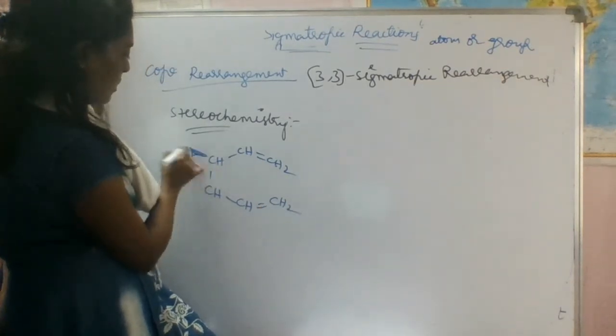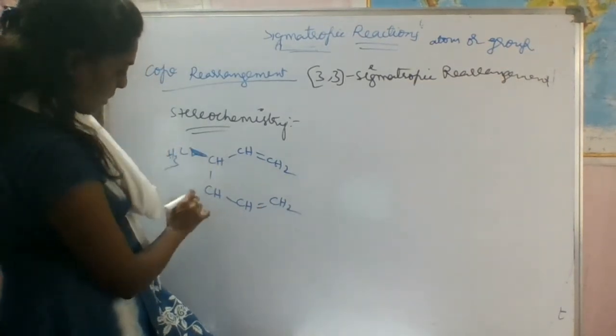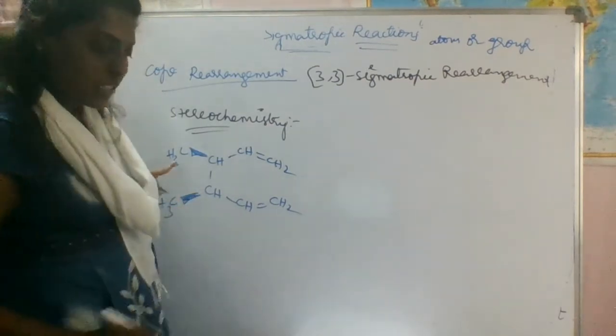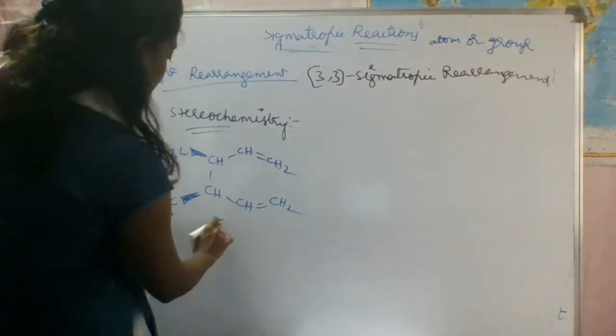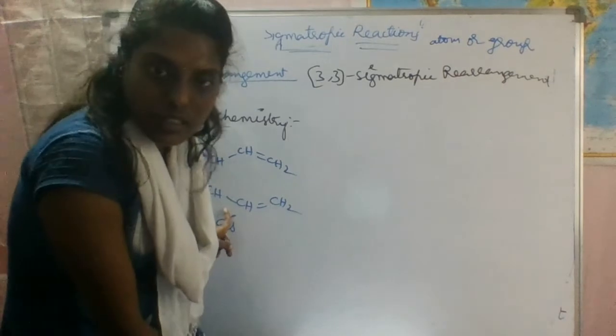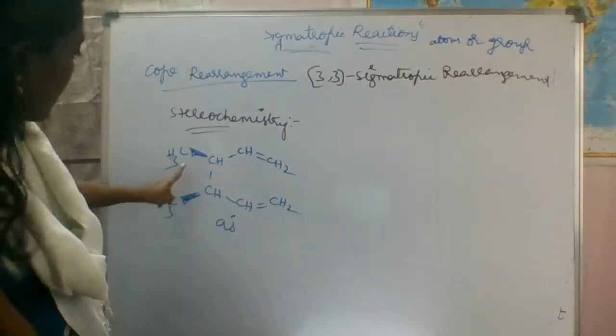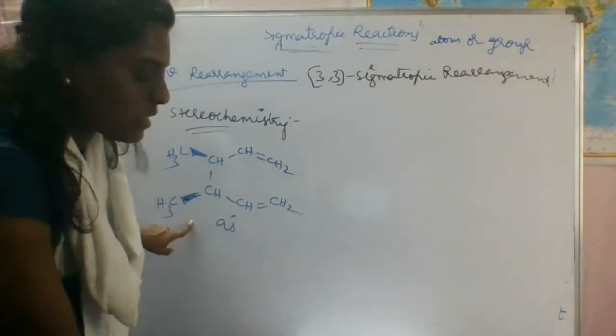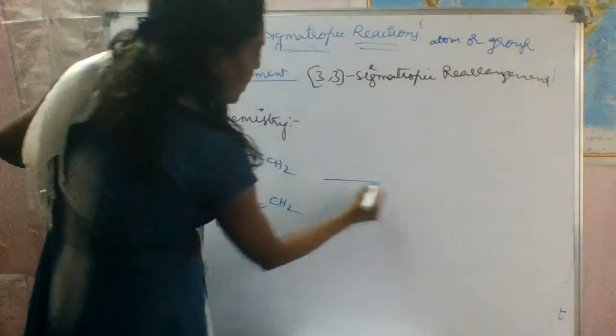You have to write CH2 and here CH3. What is this? This is nothing but cis, right? This is cis configuration because these two are in the same plane. If you see here, these two are in the same plane, so that's why it is called cis configuration.